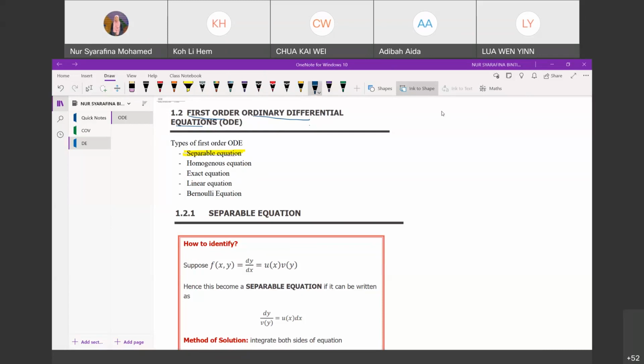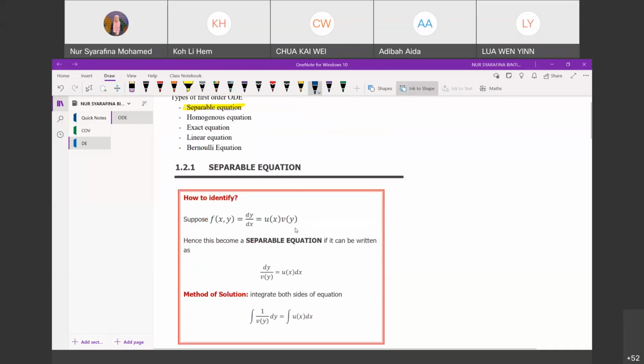So how can we identify the separable equation? Okay, it's quite easy to identify the separable equation, and this is the simplest differential equation for first order ordinary differential equation. Let's say you have dy/dx, where the function is in terms of x and y, or we can just write it as a separated function of x and y.